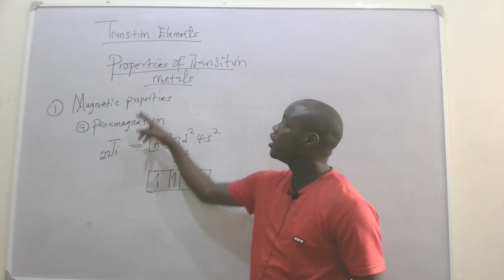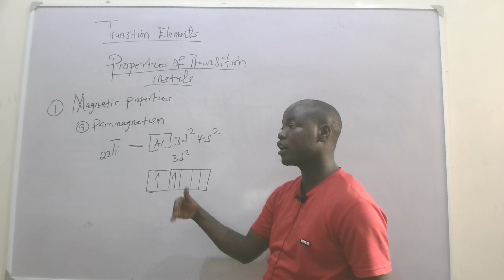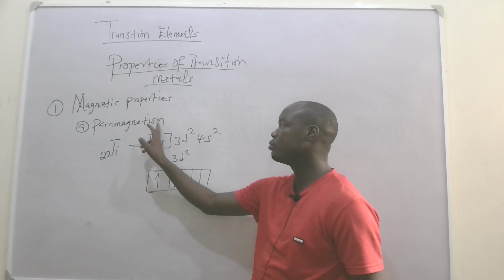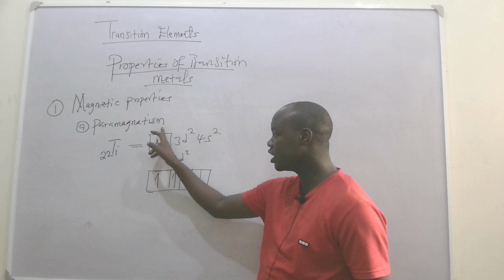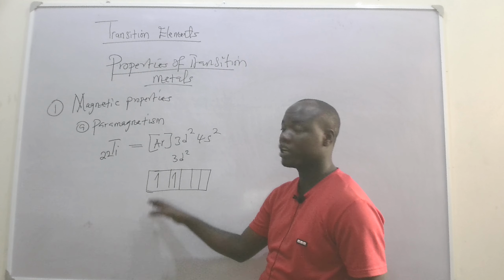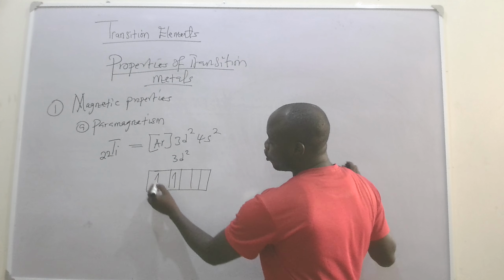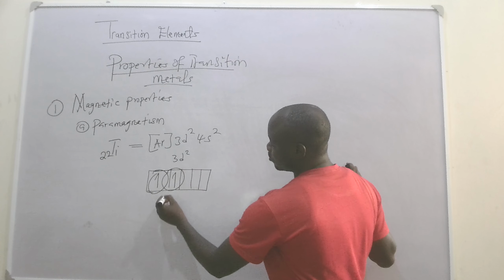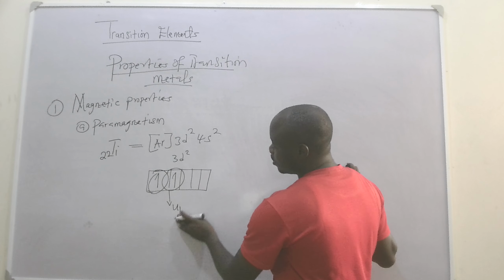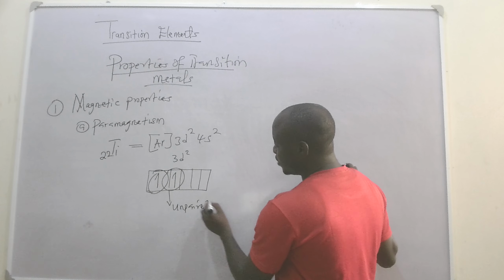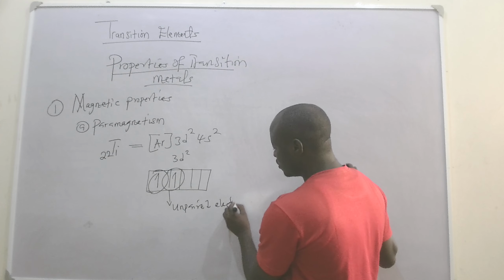So a transition element can be attracted by a magnet due to its paramagnetic nature, and what gives it that nature is the presence of these unpaired electrons.